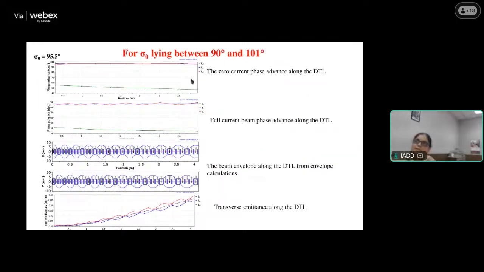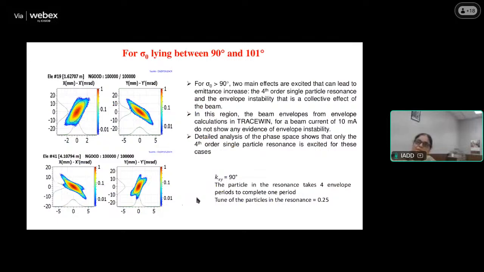We've analyzed this around 90 degrees, let's say at 95.5 degrees. Here the emittance is increasing, and in the phase space we see traces of only the fourth order resonance. No envelope instability is seen, and the tune of these particles also comes out to be 0.25.